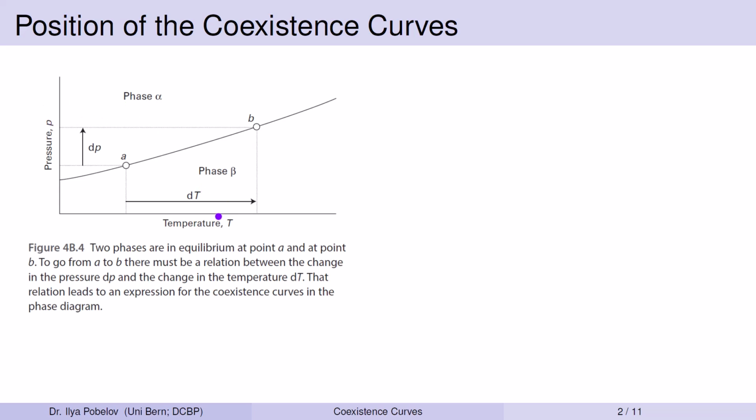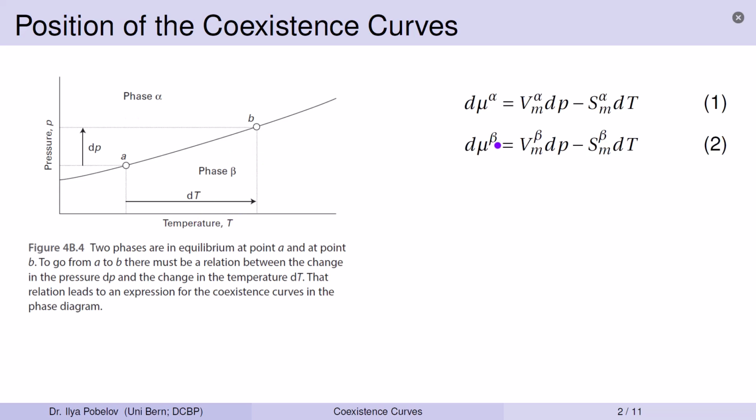To resolve this, we turn to the concept of chemical potential, which is intrinsic to each phase and varies with changes in pressure and temperature. The chemical potential's infinitesimal change for each phase is given by the molar volume times dP minus the molar entropy times dT.